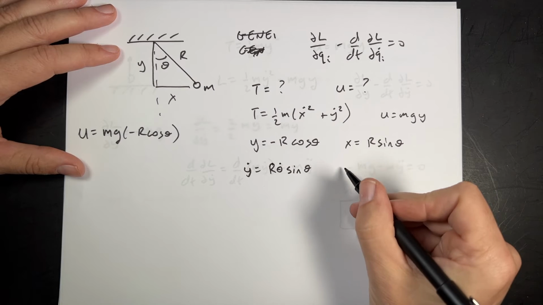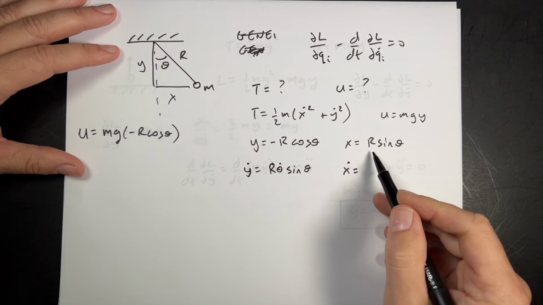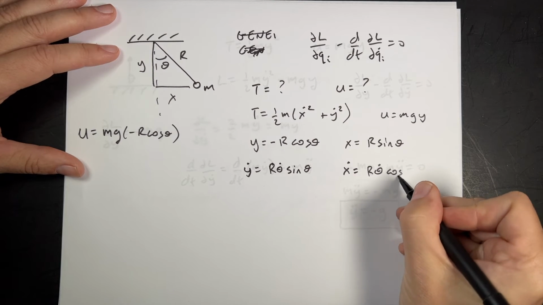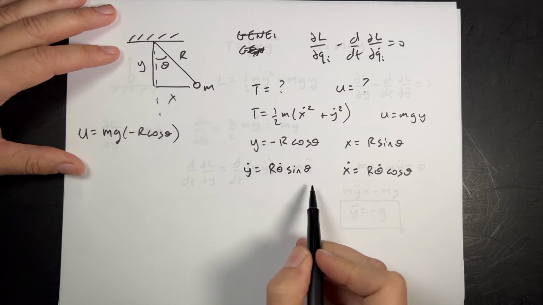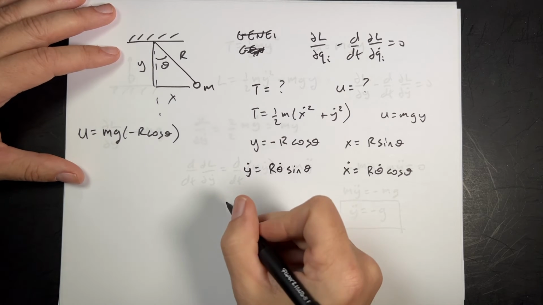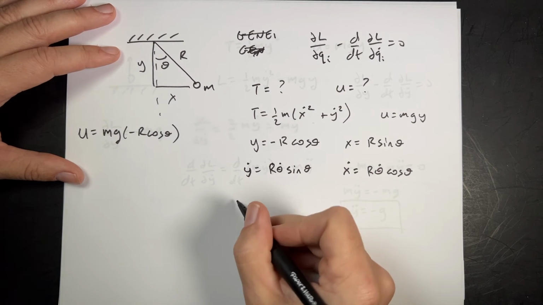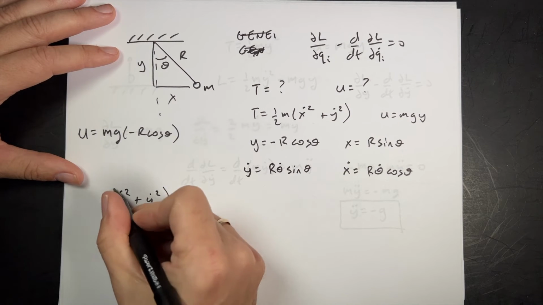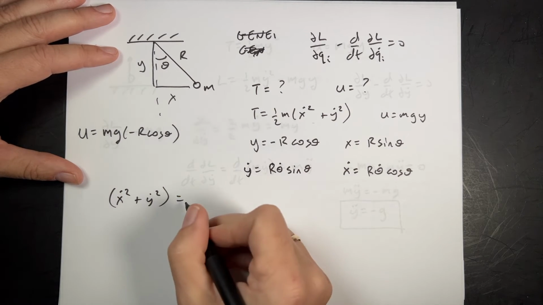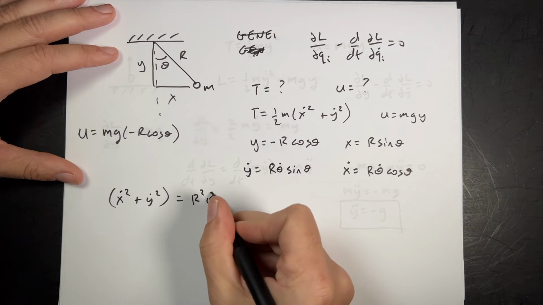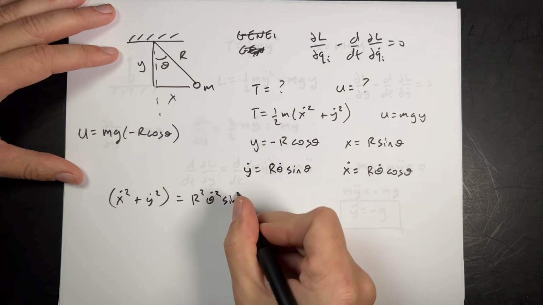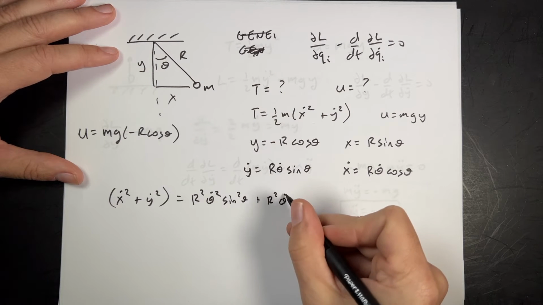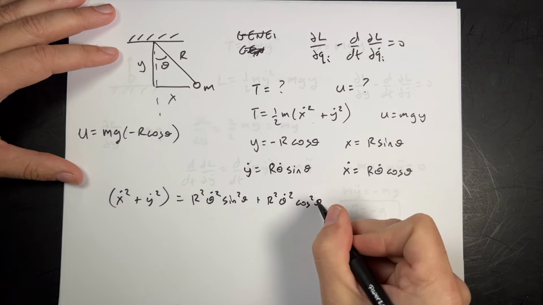Then I can do the same thing over here. x dot is the derivative of this with respect to time, which is r theta dot cosine theta. Now I need to square these two and add them together, because that's what goes in the kinetic energy. So x dot squared plus y dot squared equals r squared theta dot squared sine squared theta plus r squared theta dot squared cosine squared theta.